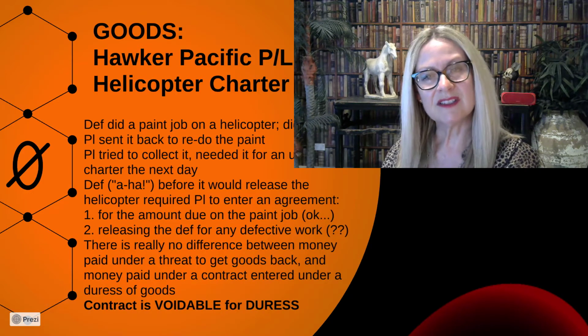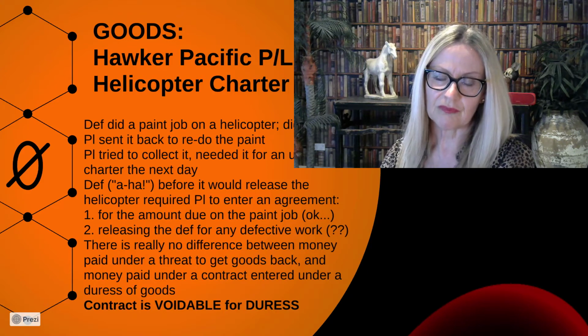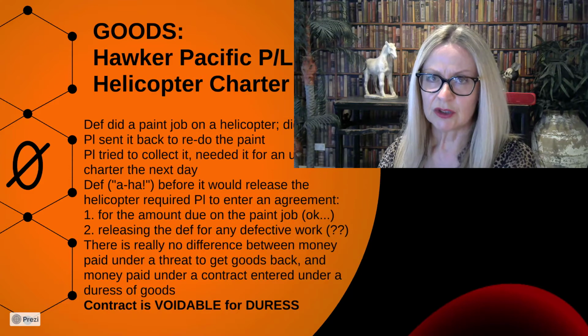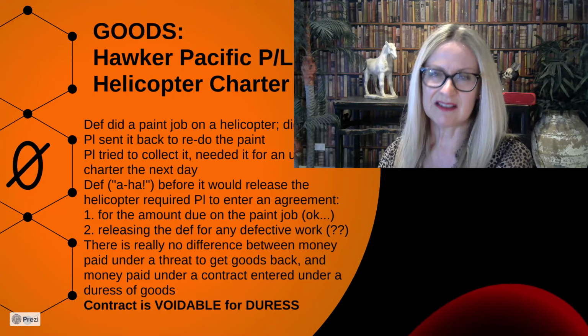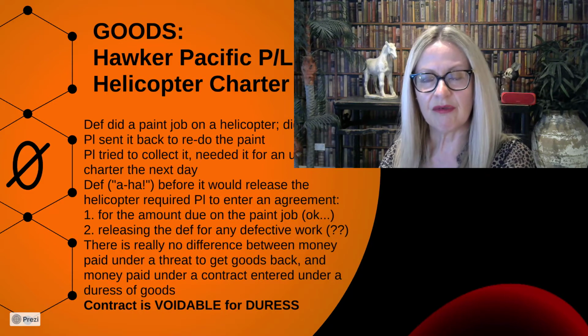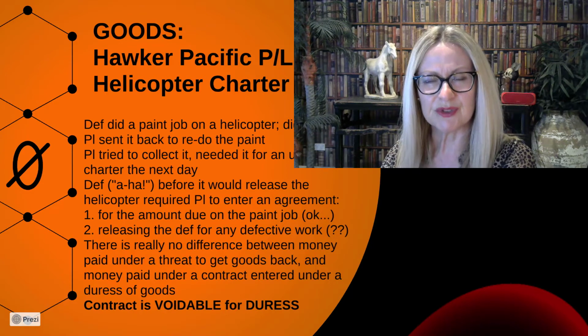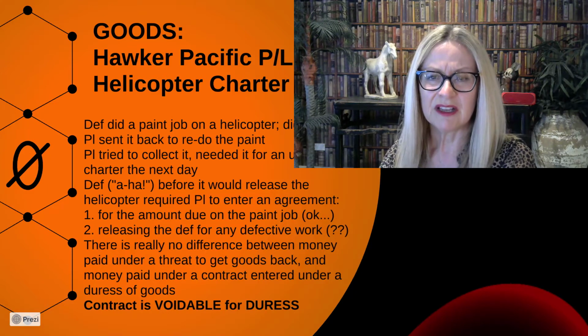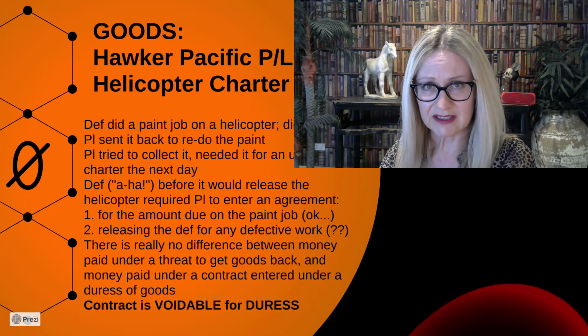The court discusses here the old cases on extorting goods and withholding goods in order to get a payment. And they said, well, if you're going to allow relief in those circumstances, it's no real stretch to analogize from that to giving relief where someone's withholding goods not to get money, but to get a contract signed.